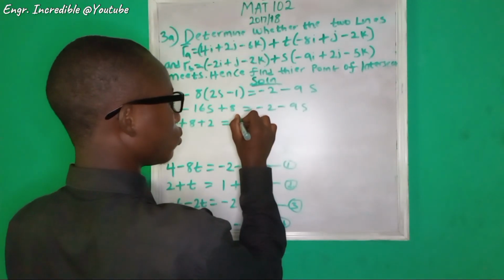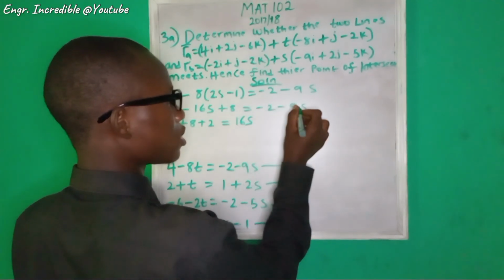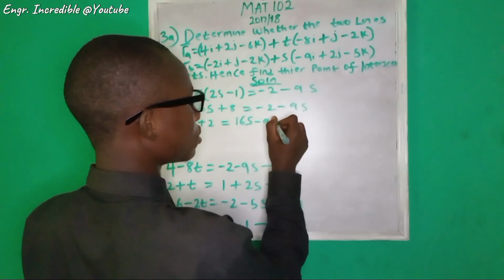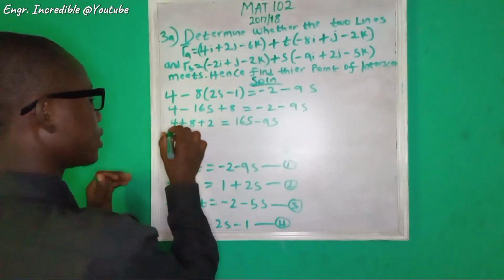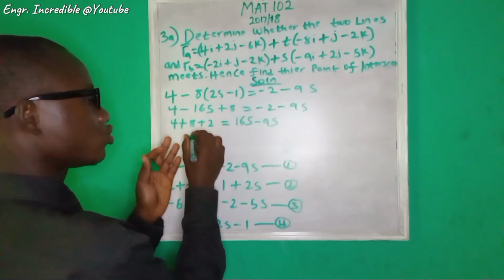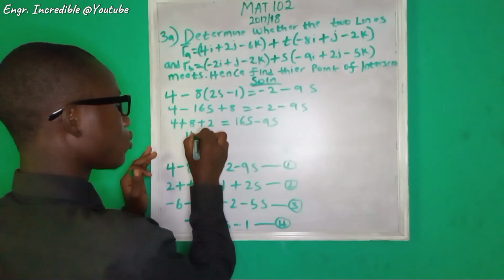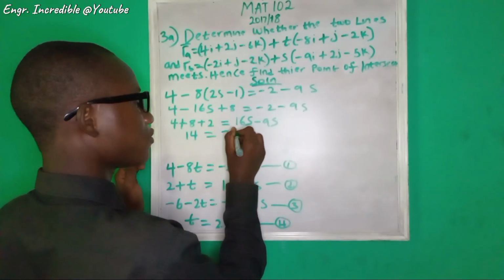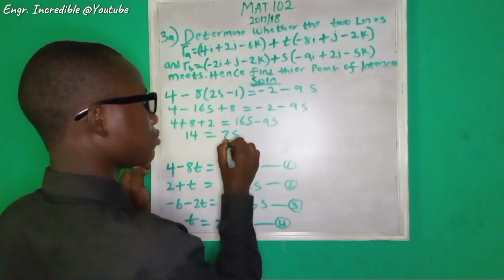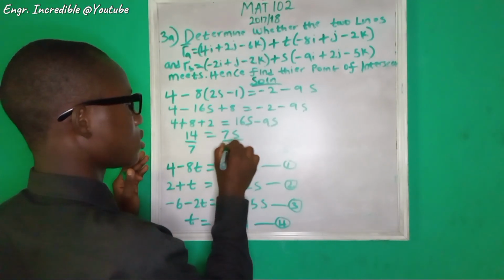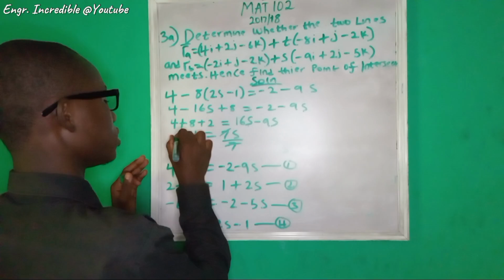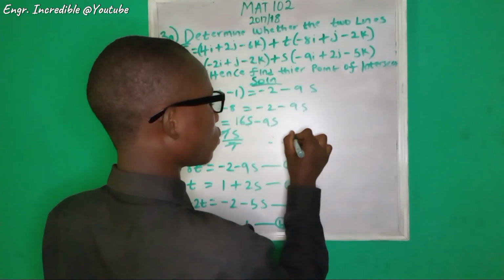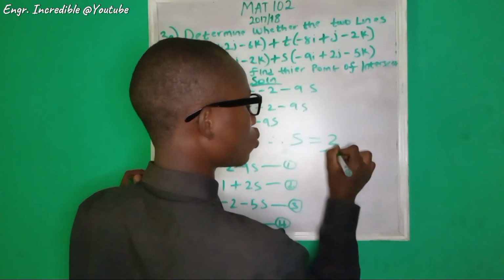I have plus 16s with my minus 9s. So I get 4 plus 8 is 12, 12 plus 2 is 14. So 14 is equal to 16s minus 9s, we have 7s. Divide both sides by 7. 7 cancels 7, and 14 over 7 is 2. Therefore s is equal to 2.